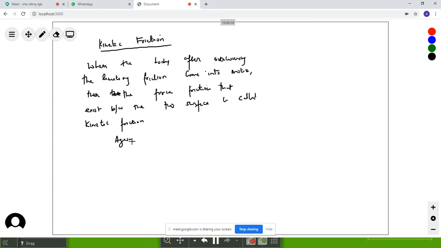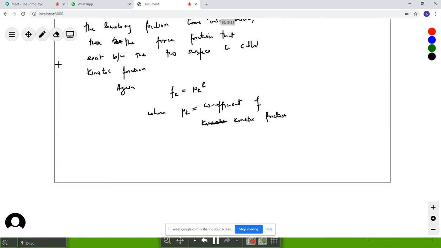Again, kinetic friction can also be written as Fk equals mu k into R, where mu k is the coefficient of kinetic friction.